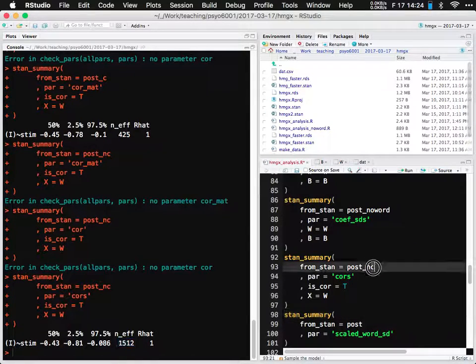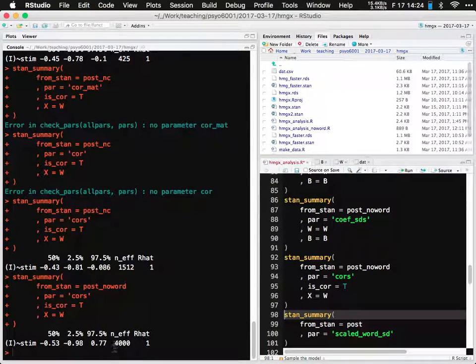Let's take a look at the no word. Very different. So the differences between the no word model and both models that include the word so far have been that the no word model sees a lot more noise.